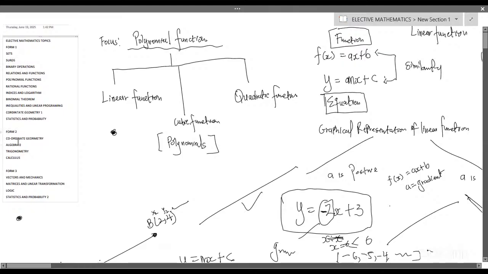Have you guys done coordinate geometry, algebra 2, trigonometry, calculus? No. These are not following the syllabus, because by form 1 you should be done with statistics and probability, and the binomial theorem. But logarithm and indices, I believe that you guys are done with it.